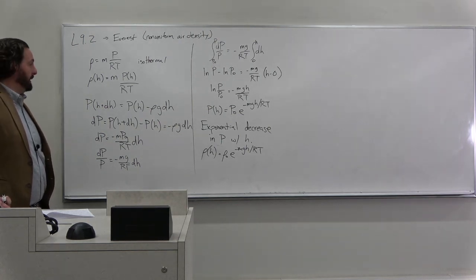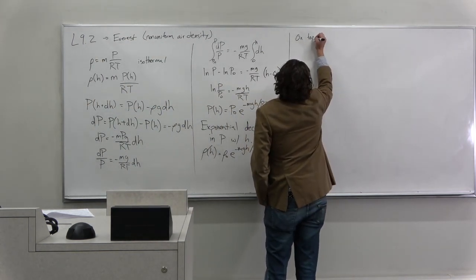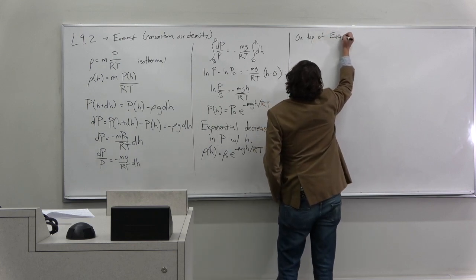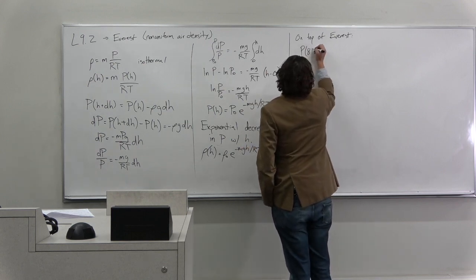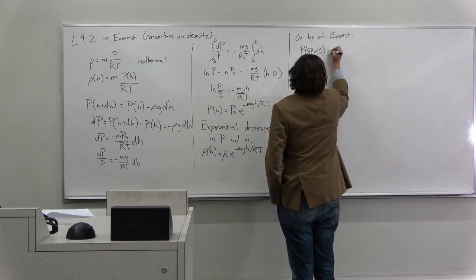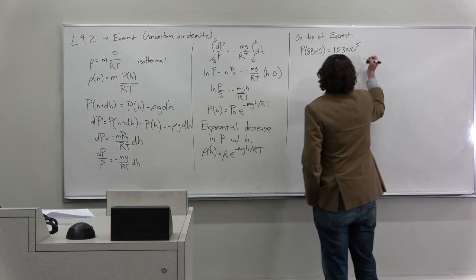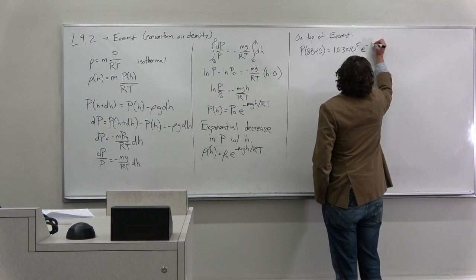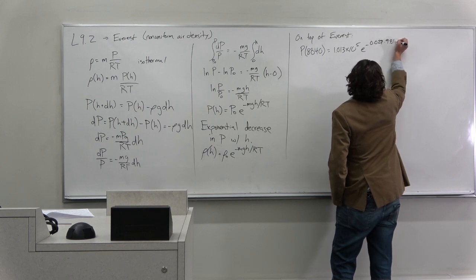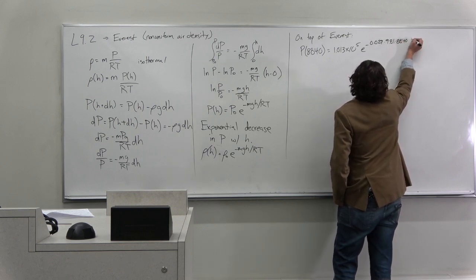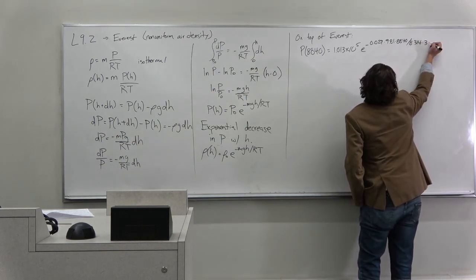So what would our pressure be on the top of Everest? On top of Everest, we would get a pressure at 8,840 meters of 1.013 times 10 to the 5 times e to the minus 0.029 times 9.81 times 8,840 divided by 8.314 times 300.